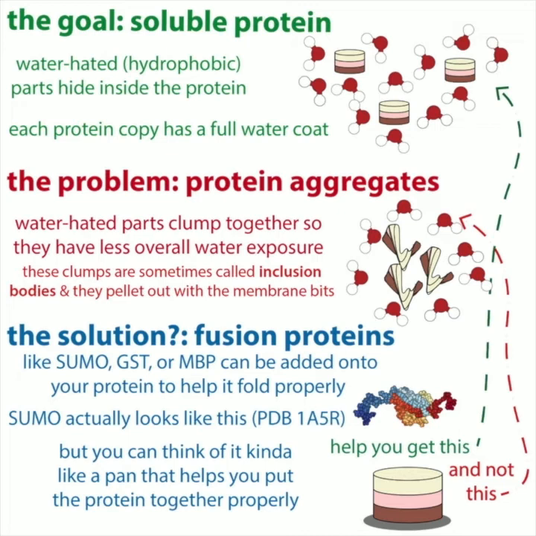Another thing you can try to do is, instead of changing the bacteria, change the protein. You don't have to change the whole protein, just add a little bit onto the end. We often use fusion proteins, which are little proteins that are very soluble. They fold really quickly and easily, and the cells really like making them. So you stick one of these onto the end of your protein.